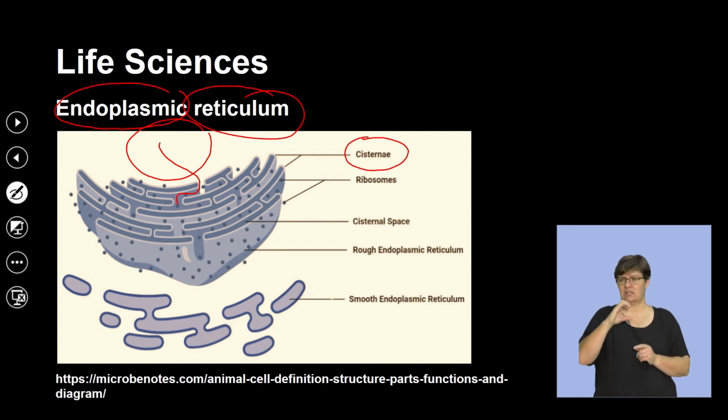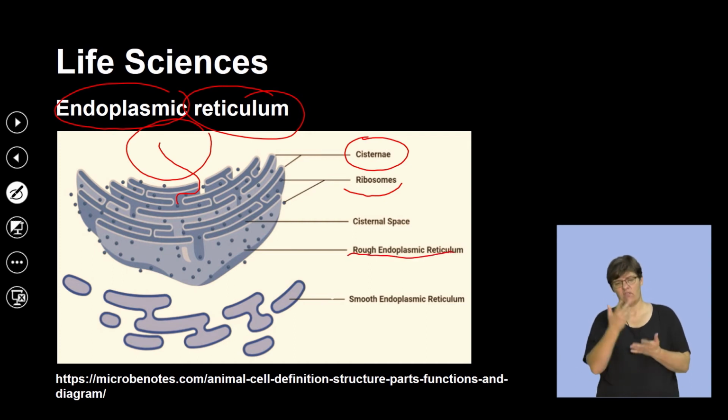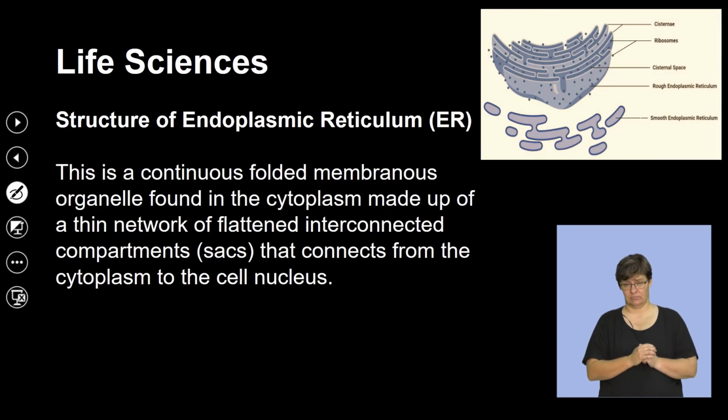Dotted on the endoplasmic reticulum are organelles called the ribosomes. When it is dotted with ribosomes, it's called rough or granular endoplasmic reticulum. When the endoplasmic reticulum has no ribosomes on it, we refer to it as being a smooth ER, or endoplasmic reticulum. So that's the structure.